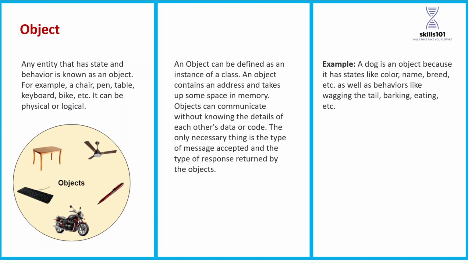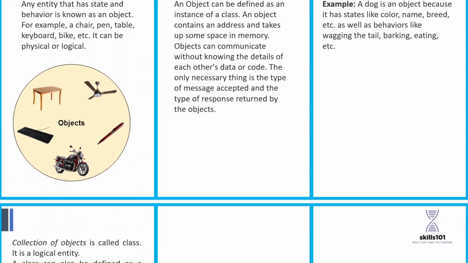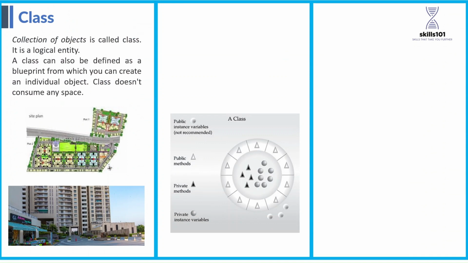The objects of those humans are all of us, because we are all similar, but we are all different through our properties: our age will be different, our height will be different, and our situation will be different. That is how we differentiate class and object. A class is a collection of objects or a blueprint of objects, and an object is a real world example of that blueprint. Again, the same thing: a class is a blueprint of a flat or an apartment, and the real apartment built on the basis of that blueprint is the object of that class.